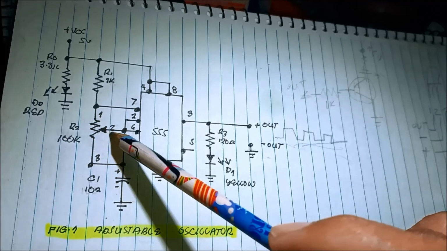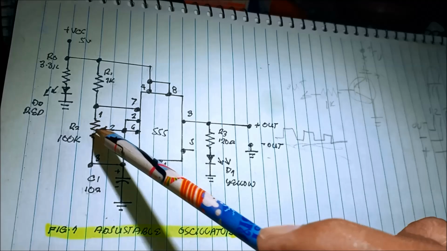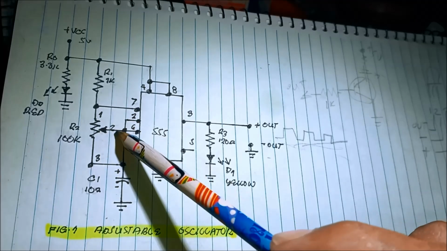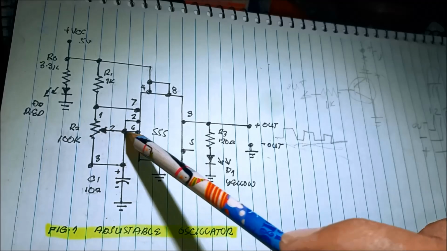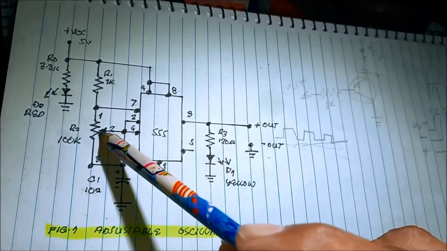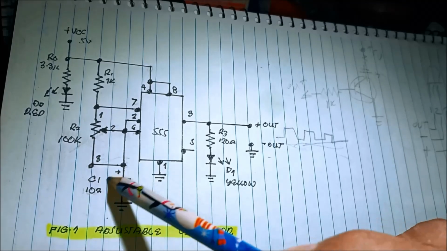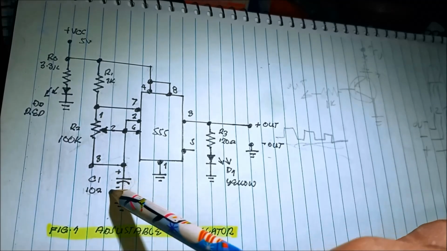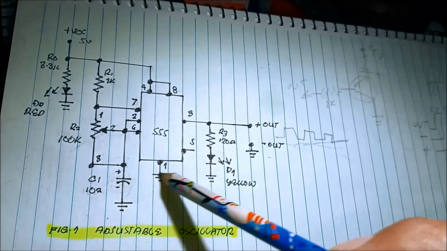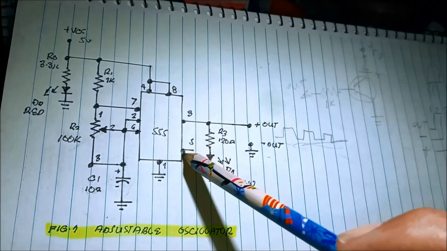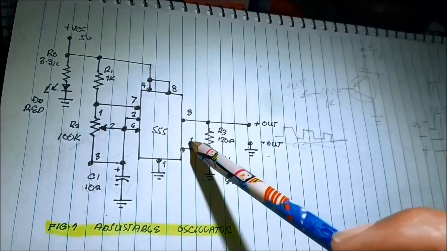So we are able to adjust the potentiometer depending on what frequency we are going to use, or we can adjust this potentiometer 100k with the capacitor 102. Then pin number 1 is grounded, pin number 5, that is control voltage, no connection.